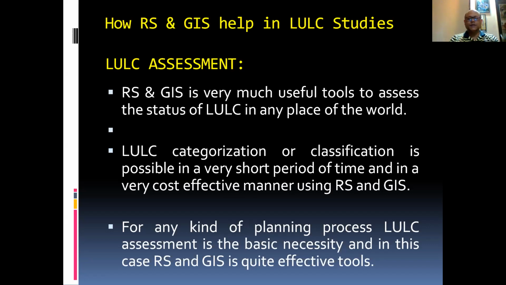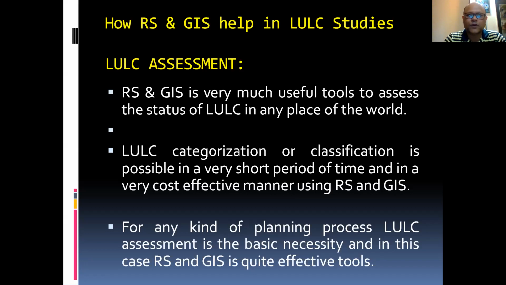Remote sensing helps in a very effective way in land use land cover assessment, because remote sensing provides us the satellite images, and with GIS, the geographical information system, we can generate a database of the different categories of land and assess those things very effectively. So remote sensing and GIS is a very useful tool to assess the status of land use land cover of any place in the world.